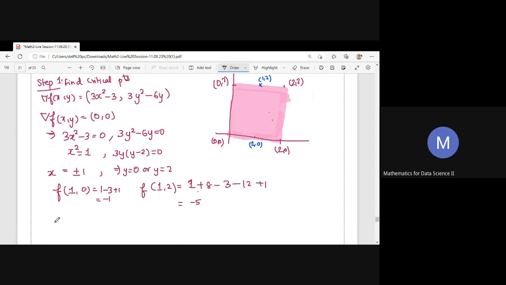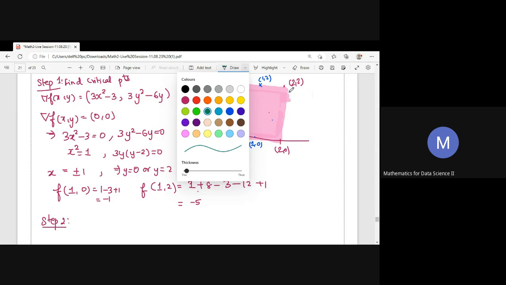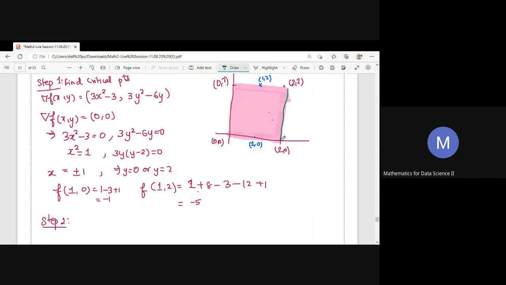So now the next step is what happens on the boundary. First you need to see what the boundary is and how we can write its representation. Here, what is the value of x? 2. And the values of y range from 0 to 2, so 0 less than or equal to y less than or equal to 2.